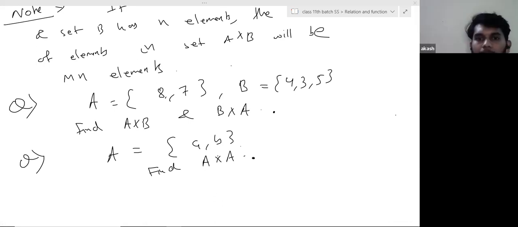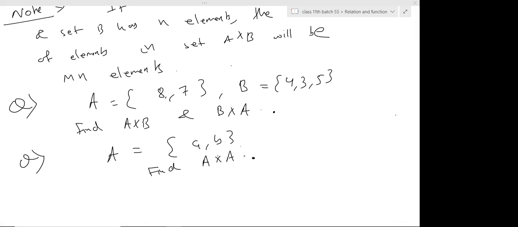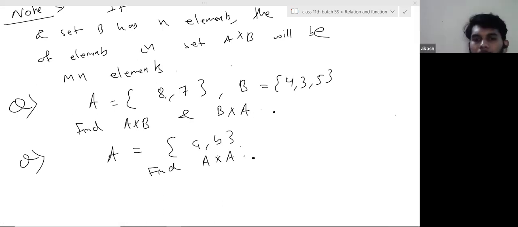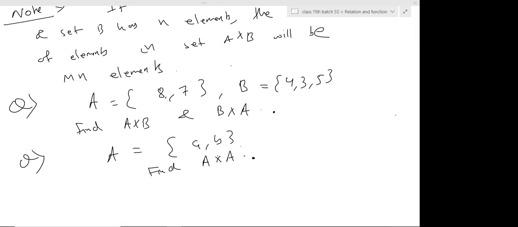Absolutely right. 4 elements. So A comma A, right? B comma B, then A comma B, and B comma A. Absolutely right. All right. I hope this is clear, everyone. Yes.